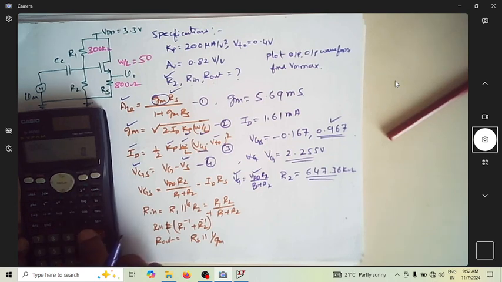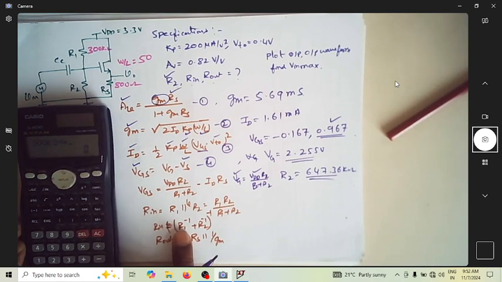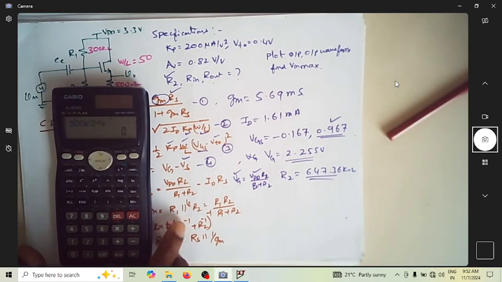It is 300, of course you can simply make 300 exponential 3 inverse plus, I'm just using this.